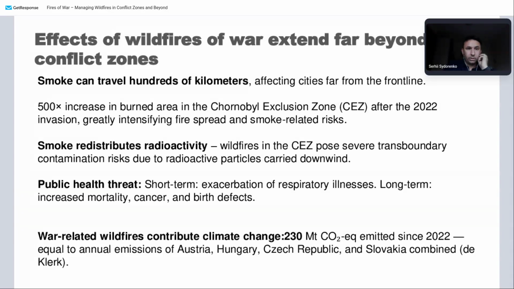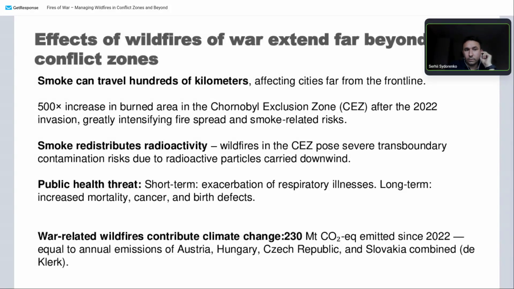And it is also important to talk in a broader sense, because wildfires and landscape fires don't respect borders and don't care about the political situation. They easily spread from the border of one country to another. Ukraine is a quite unique country because we have huge areas polluted by radioactive pollution, the Chernobyl exclusion zone.